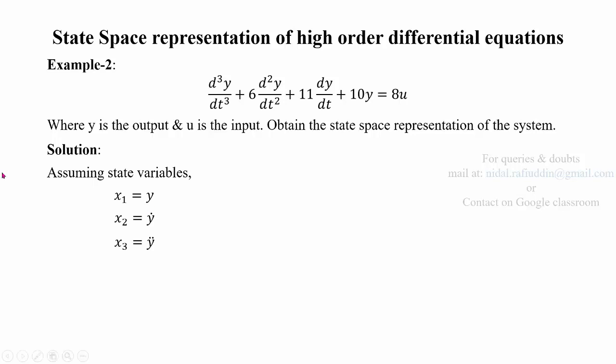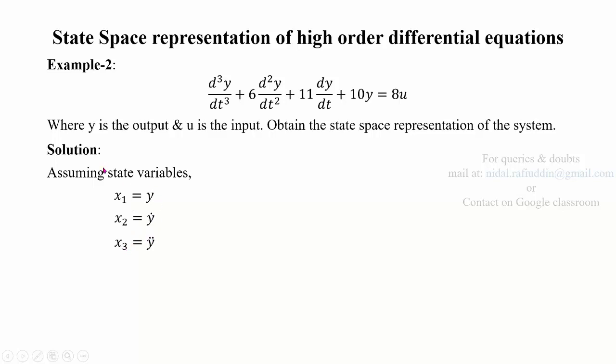This is the first step: assuming three state variables corresponding to the order of the system, equal to the variable being differentiated, which is the output y here. Thus we assign y as x1, y dot as x2 and y double dot as x3.